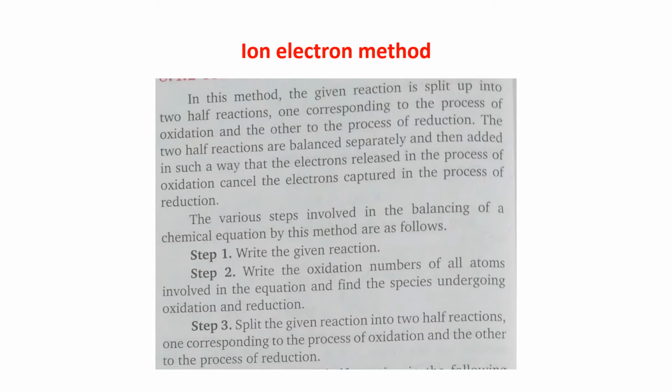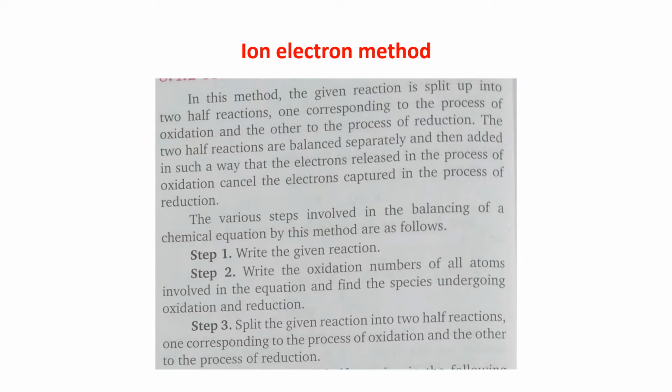Similar to oxidation number method, ion electron method is also having some rules. Let us first see what are the rules involved in ion electron method. In this method, the given reaction is split up into two half reactions, one corresponding to the process of oxidation and the other to the process of reduction.